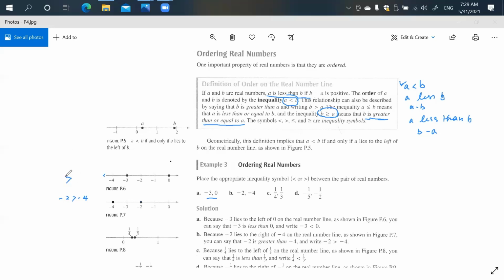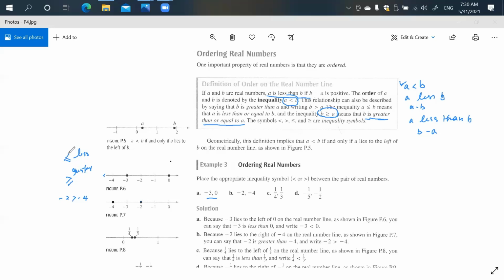You see the sharp mouth here pointing to the left hand side, like a left hand, and this is the right side. If we have an equal sign underneath, it means equal also: greater than or equal, less than or equal.